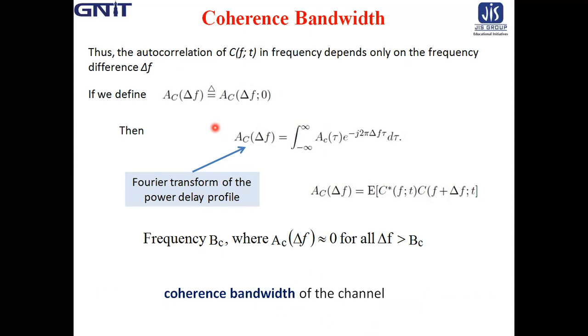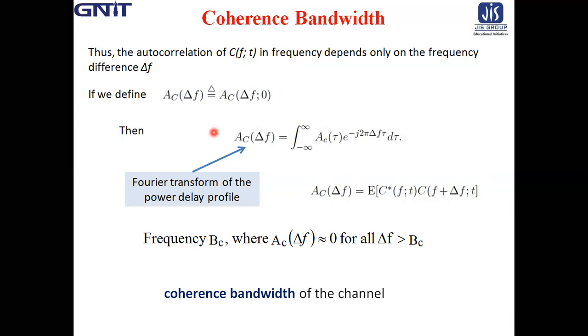The function A_C(delta f, delta t) can be measured in practice by transmitting a pair of sinusoids through the channel that are separated in frequency by delta f, and then calculating their cross correlation at the receiver for the time separation delta t.